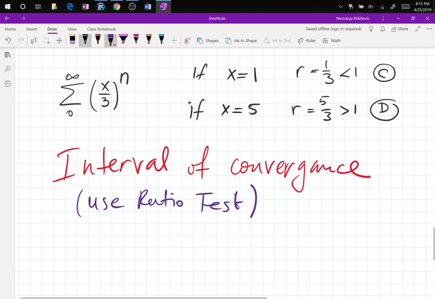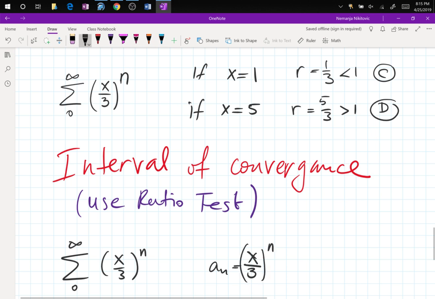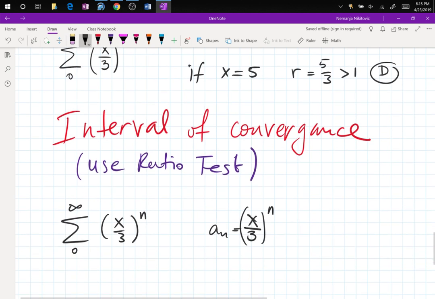So let's say for this example, I have my an, well, let me write the example again. I have my an as x over 3 to the n. I have my an plus 1 as x over 3 to the n plus 1.